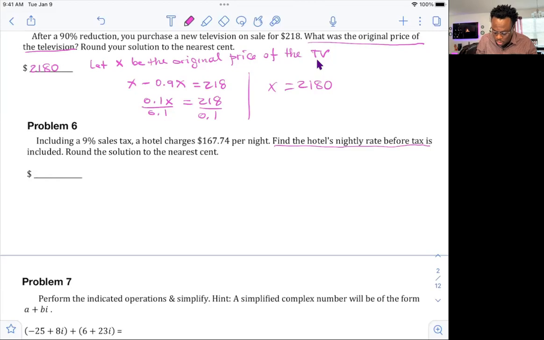Round to the nearest cent. So whatever they want me to solve for, that's what I call my variable. So let X be the hotel nightly rate before tax.